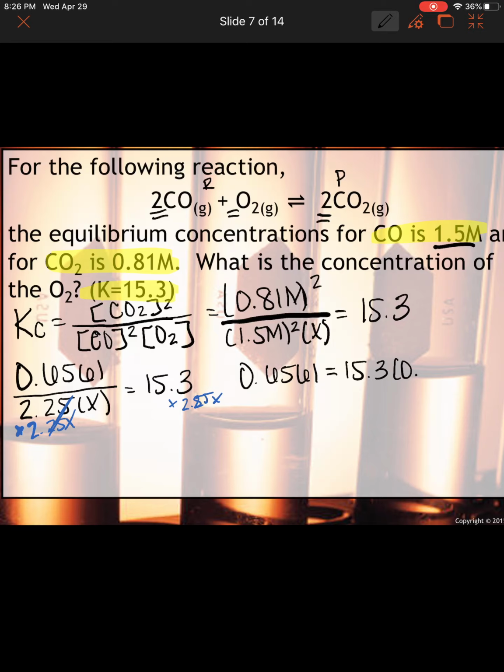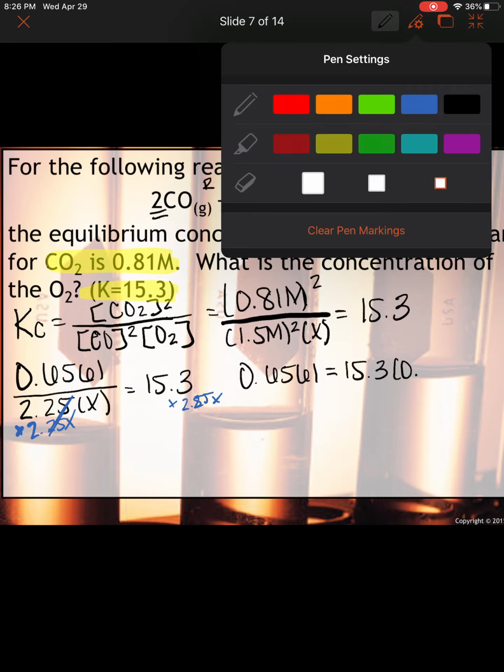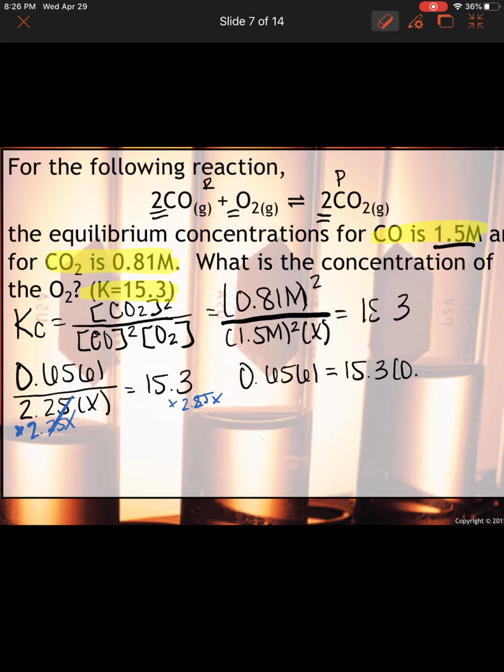Oops. Oh, what? I don't want to erase that. I want to erase down here. Okay, the eraser is being a little wonky.